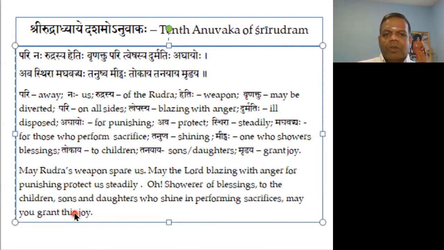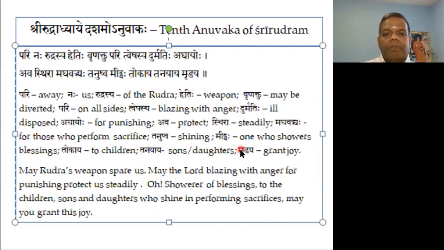Whenever he sees something bad, he doesn't grant blessing, he punishes. Why? It is also because of his love. I would like to point that out. So we're saying, oh Lord, who is blazing with anger, protect us steadily. Avasthira. Our, protect, sthira, steadily.